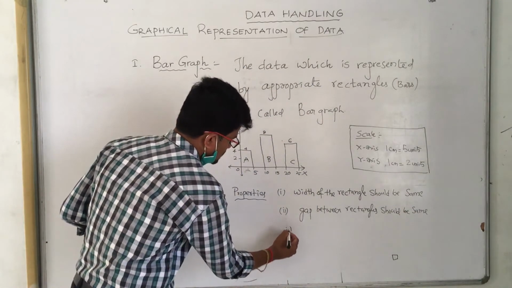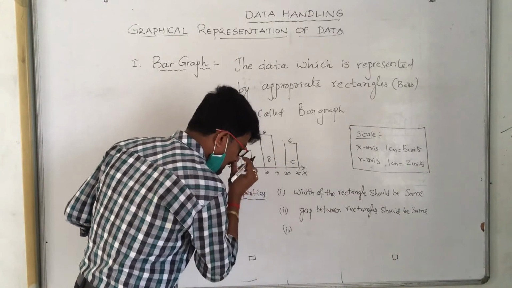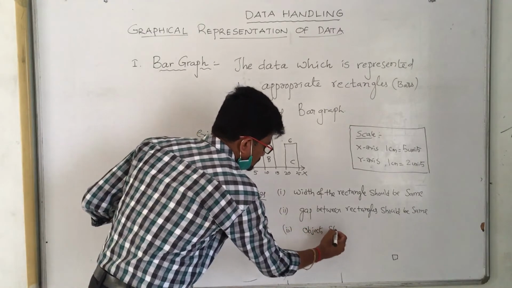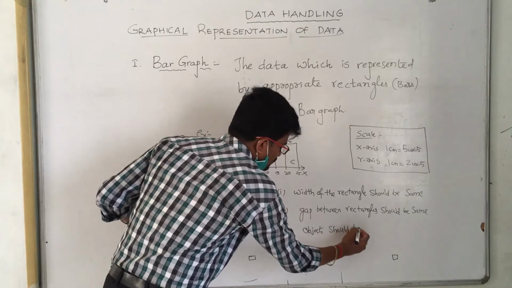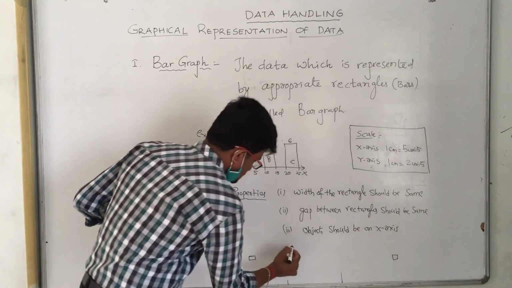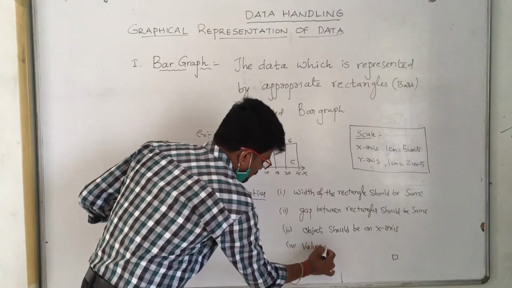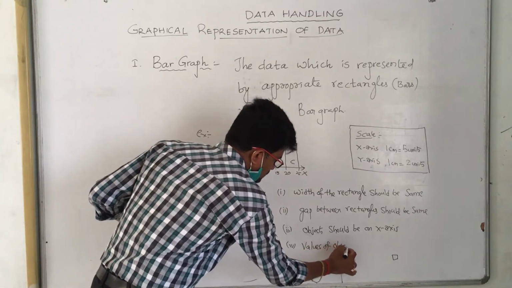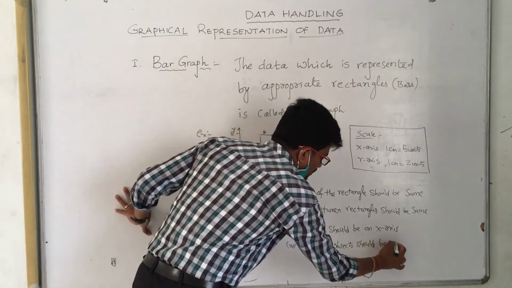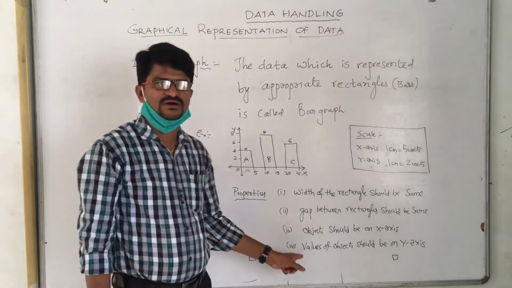And third one, objects should be on the x-axis. And fourth one, values of objects should be on the y-axis. These are the more important priorities of a bar graph.